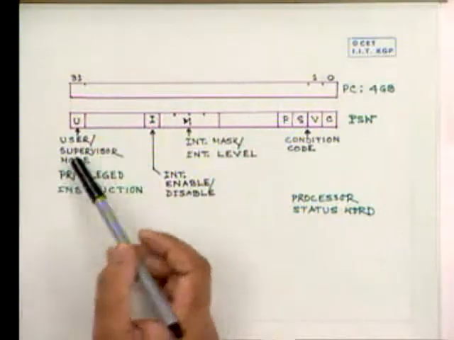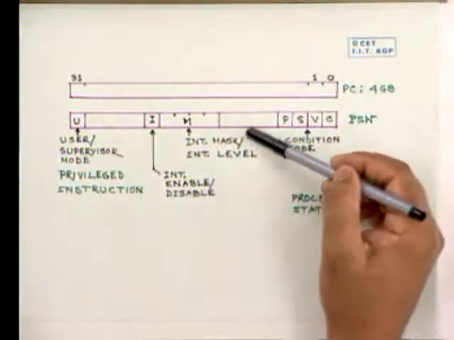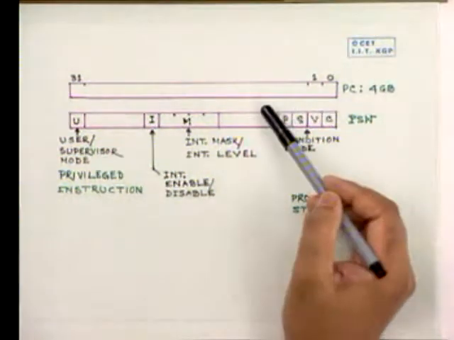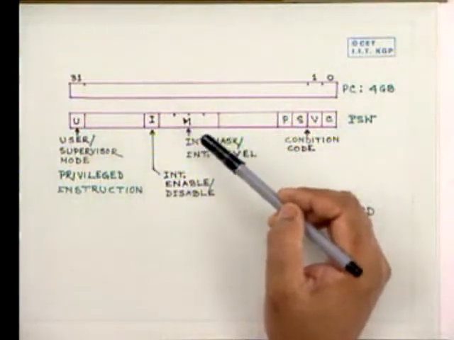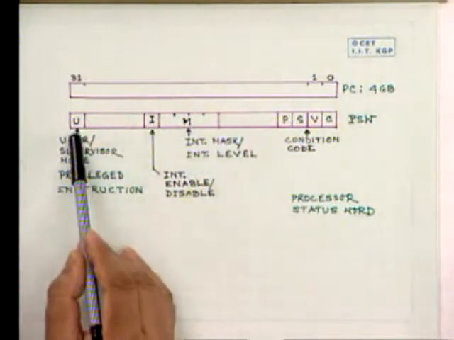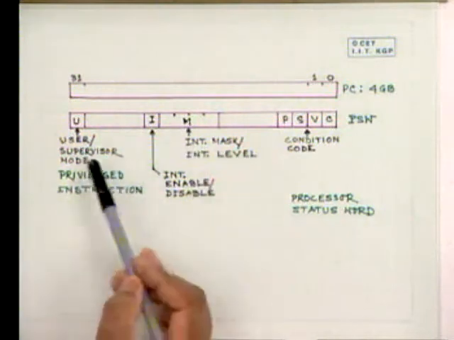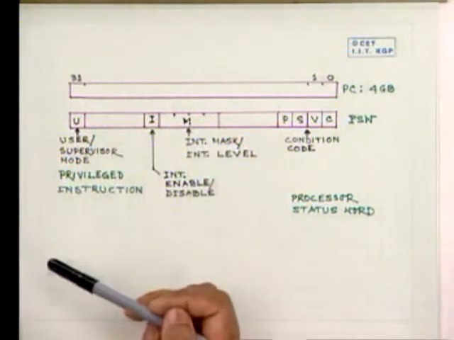But the important thing is that on an interrupt, one can jump from user mode to supervisor mode, and then come back to the original state from where the control flew off. Regarding that interrupt mask bit, we'll talk a bit later on.